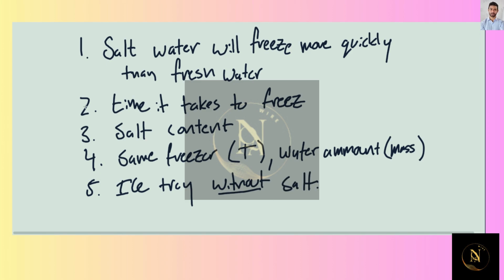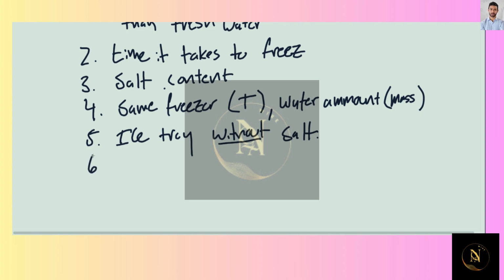That is, if he wants to figure out the effect of salt on how quickly water freezes, he needs to compare that to something, and he's comparing it to water without salt. Finally, there's the experimental group, and this is the group for which he changed something. This is the ice tray with salt.